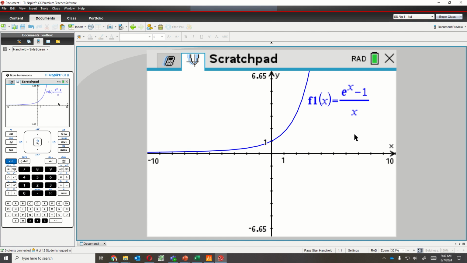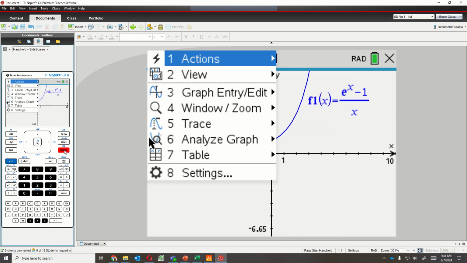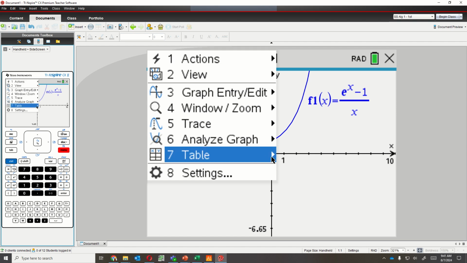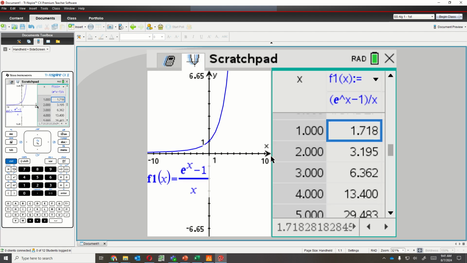All right, so along with this, I'm going to show you a new thing to go along with this. So instead of doing the regular trace, I'm just going to go table. Split screen. And then you could scroll through to see where it's going. But if you notice, it's not really going close enough, is it?